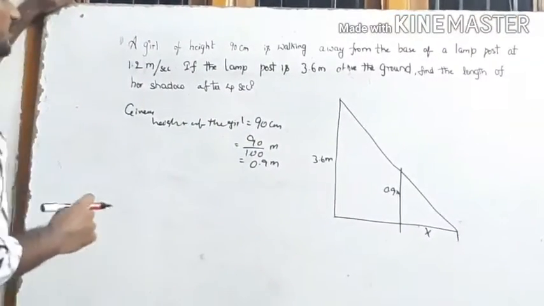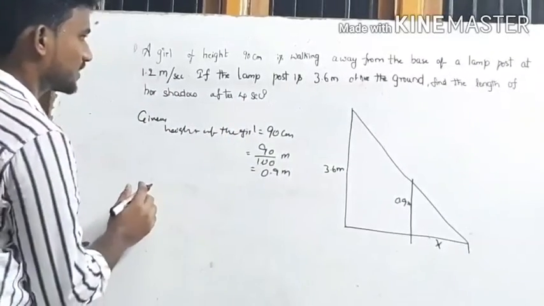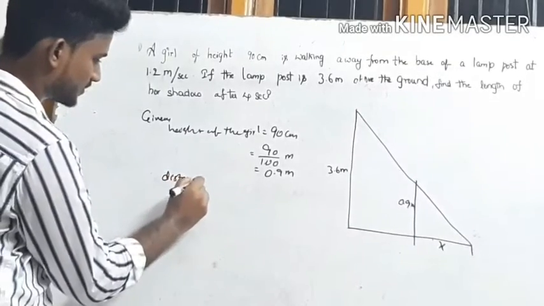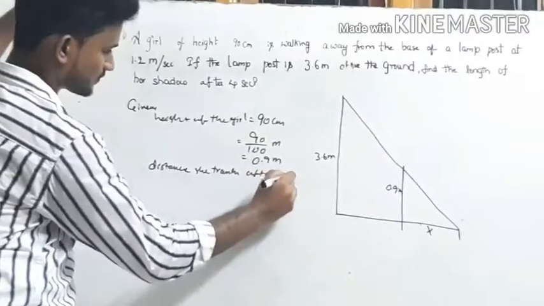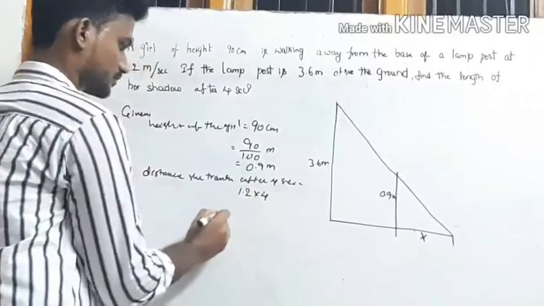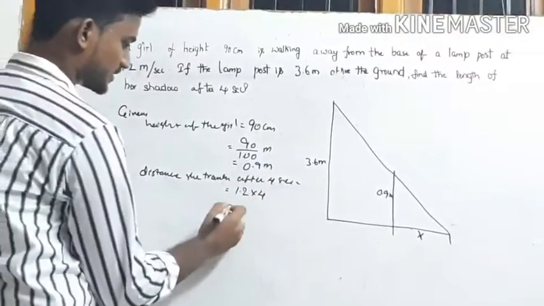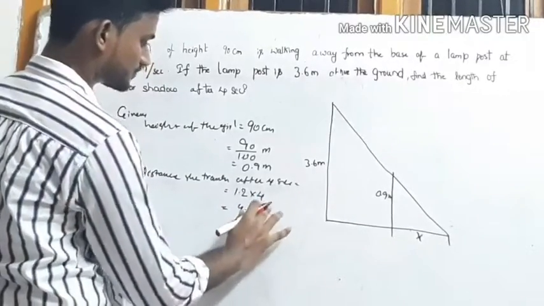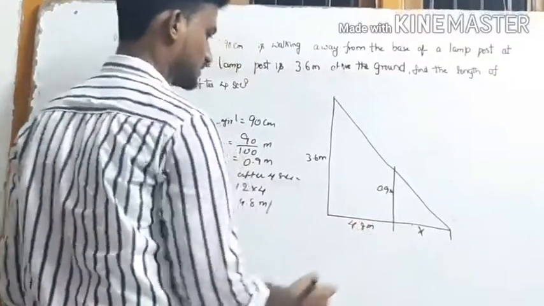She travels at 1.2 meters per second, so after 4 seconds the distance she travels is speed into time, 1.2 into 4, which is 4.8 meters.